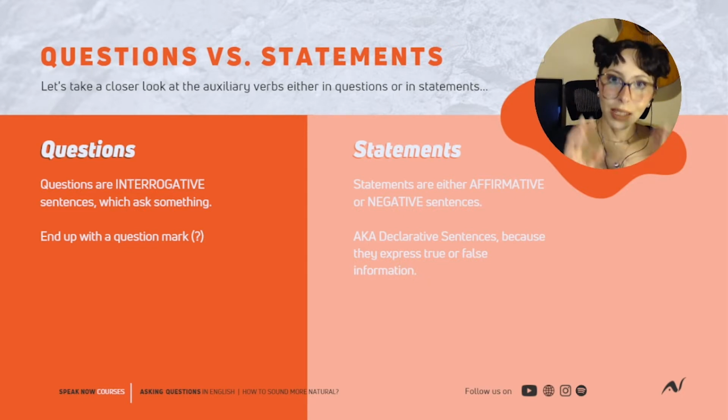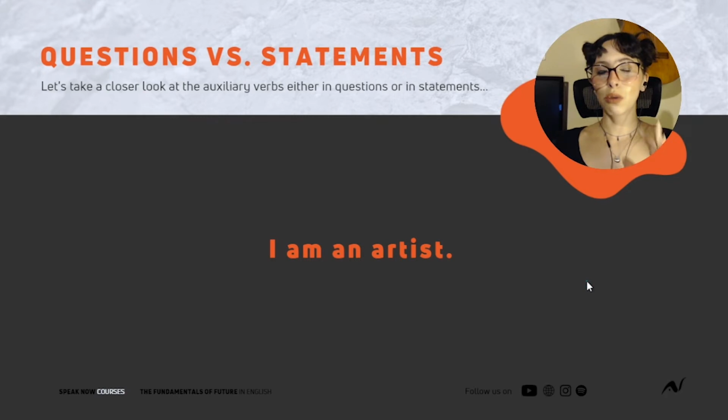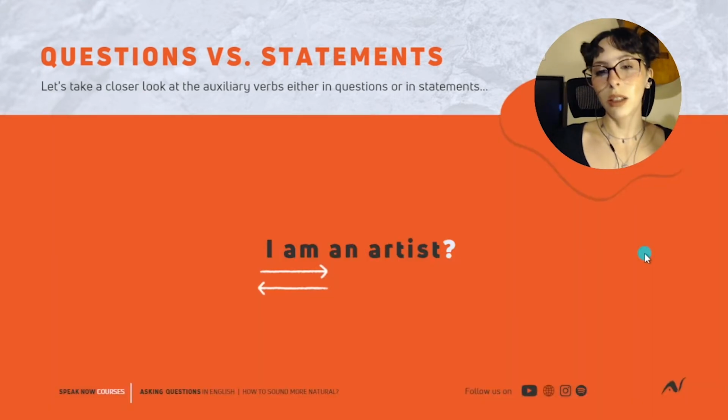Now, a statement is a sentence that is not interrogative. A statement can be either affirmative or negative, also known as declarative sentences. So in case we want to transform this into a question, we cannot simply include the question mark and change the intonation. "I am an artist."